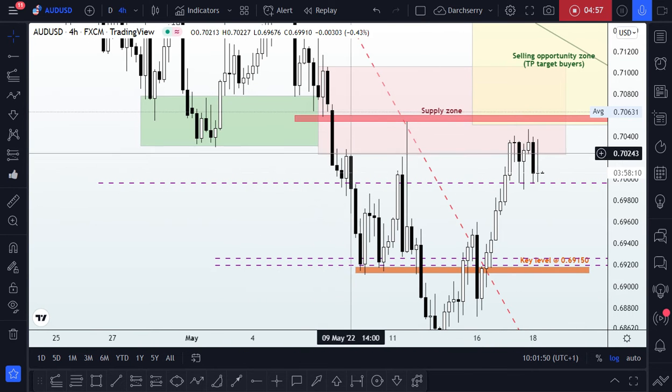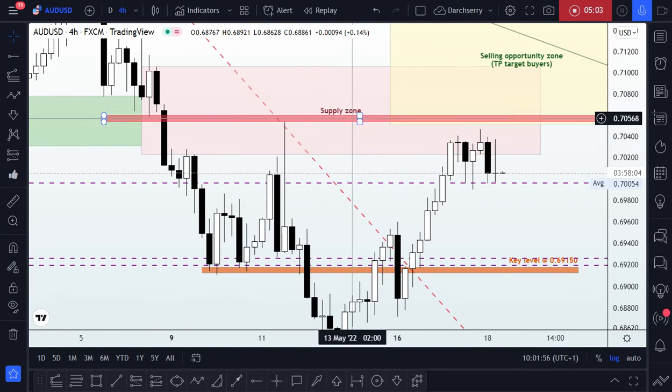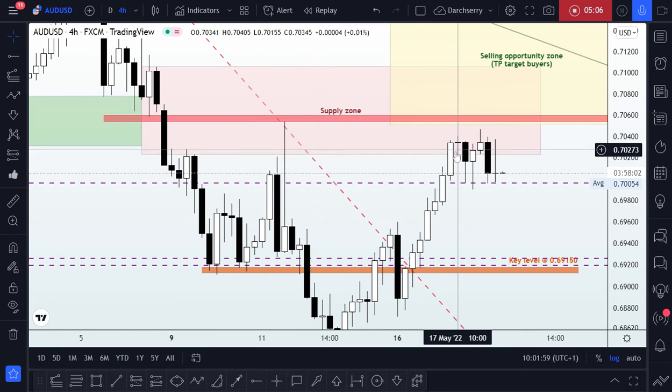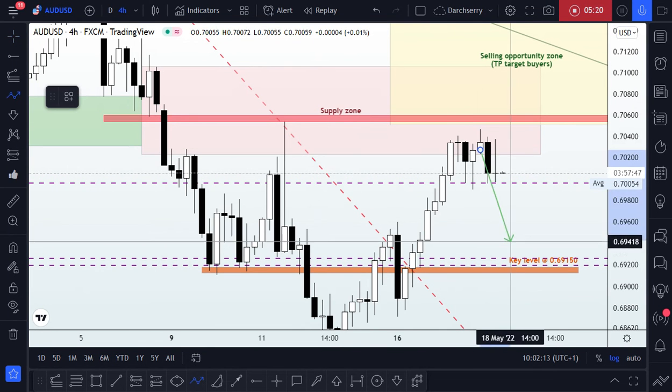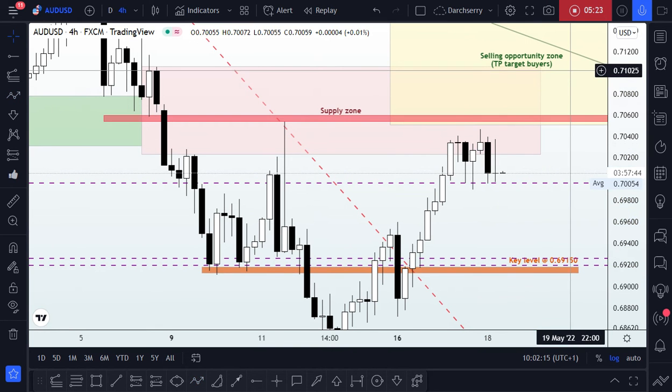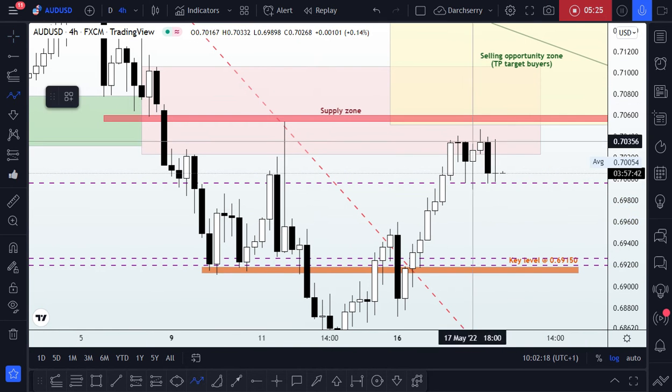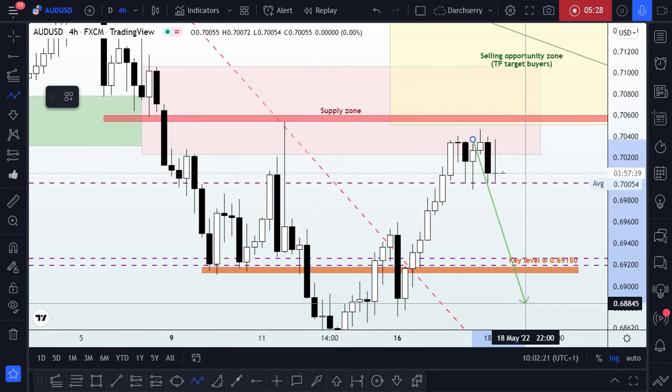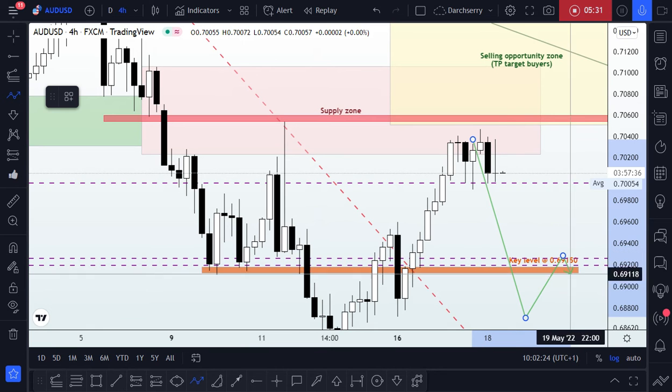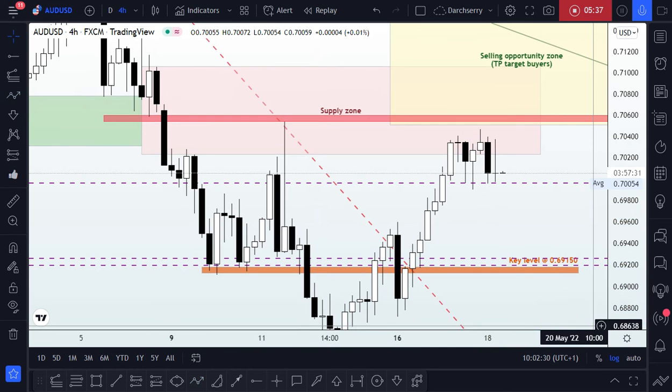So, like I said, considering the long-term bearish momentum and considering the fact that price has been rejecting that supply zone at 0.70400 multiple times since the beginning of today's session, then we want to be looking, is it possible that we might be having a retracement into the neckline to incite a trend continuation to the upside, or are we going to be having a situation where the trend continuation that began in April will continue to manifest itself with lower lows and lower highs going forward?